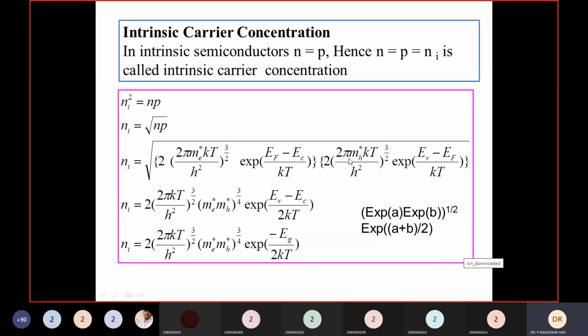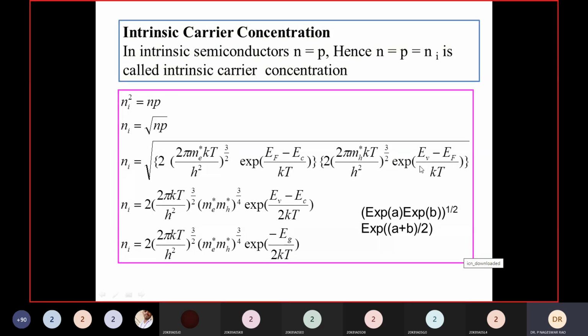Root means 1 by 2, so it will become (me into mh) whole power 3 by 4. And the exponential terms will be exponential of (EF minus EC) by KT, and exponential of (EV minus EF) by KT.